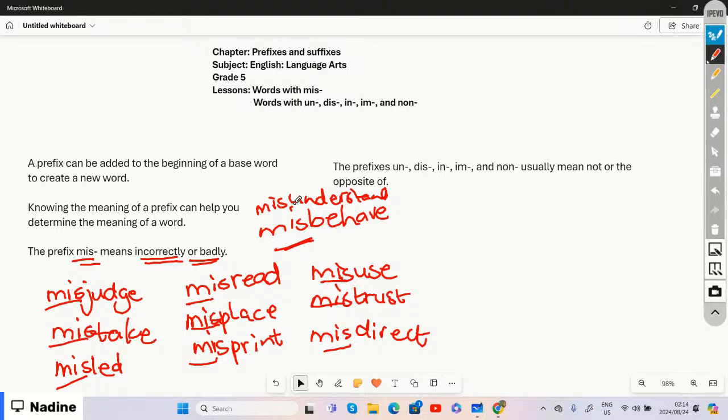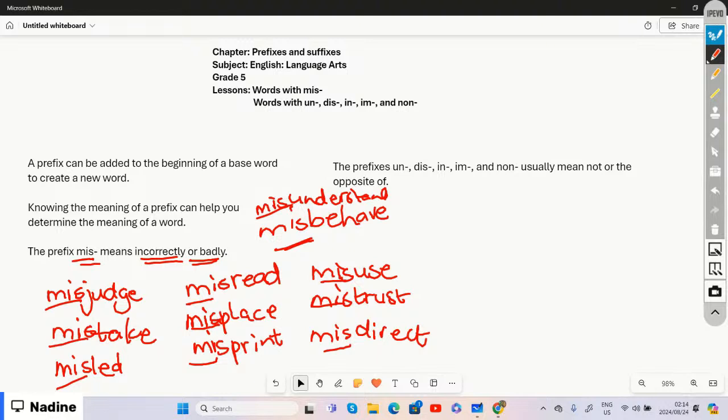All right, so these are a few words with the prefix mis, and we said the prefix mis means either incorrectly or badly. For example, misjudge is where you judge somebody incorrectly. We have mistake, a mistake that you made.